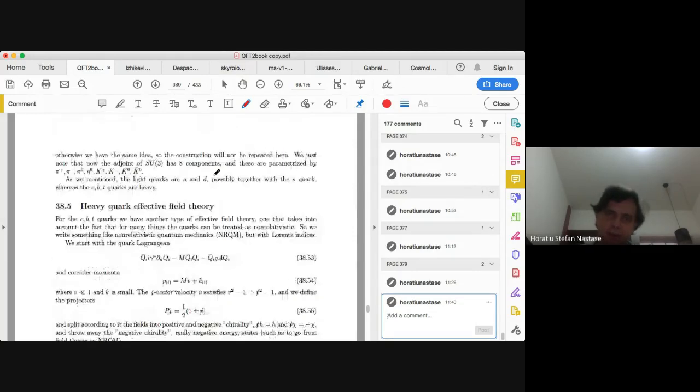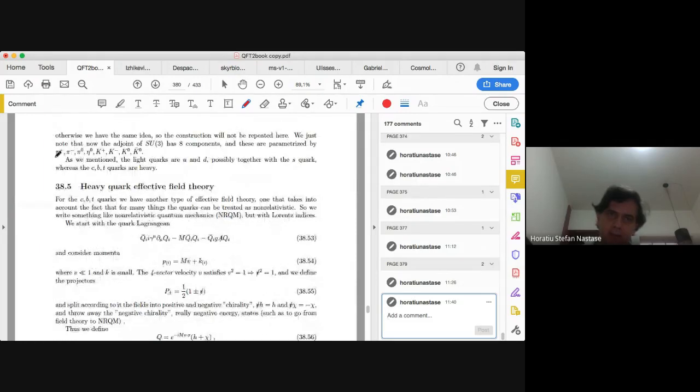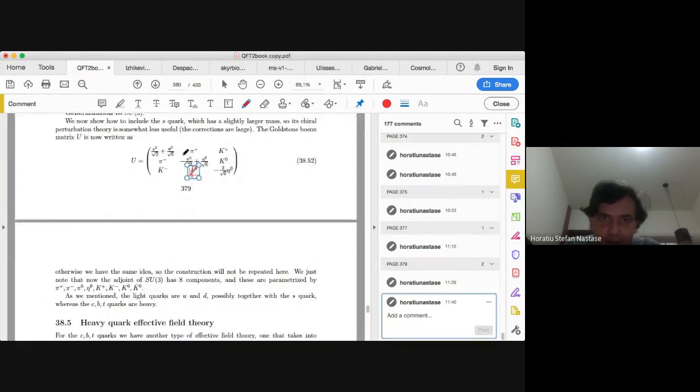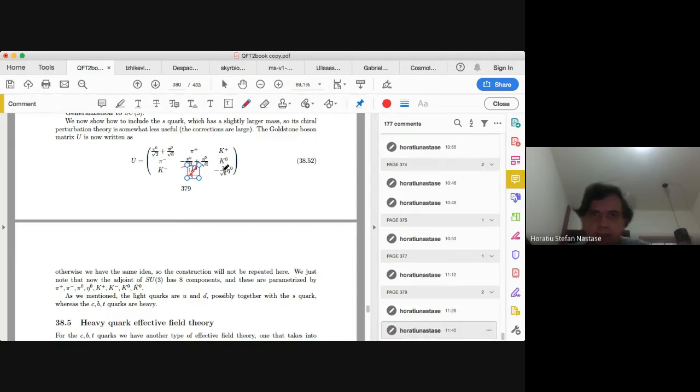So these are all 8 components parameterized by the 3 pions, pi plus, pi minus, pi 0, eta 0, K plus, K minus, K0, and K0 bar, excuse me. Here is K0 bar, right? I don't see the bar here, but this is K0 bar.